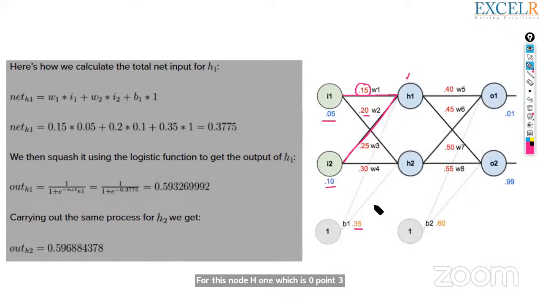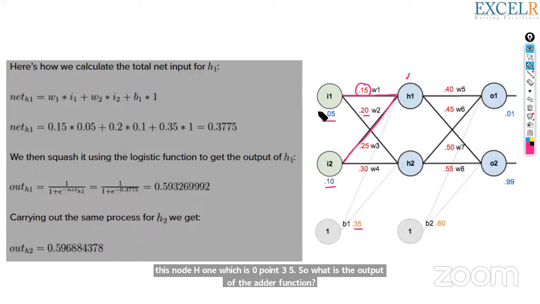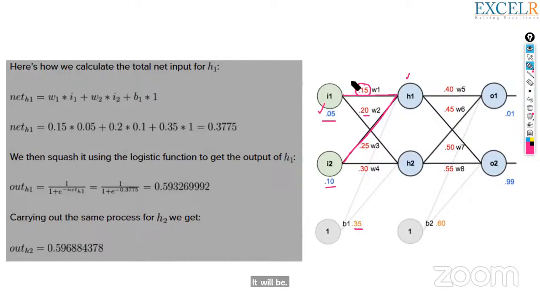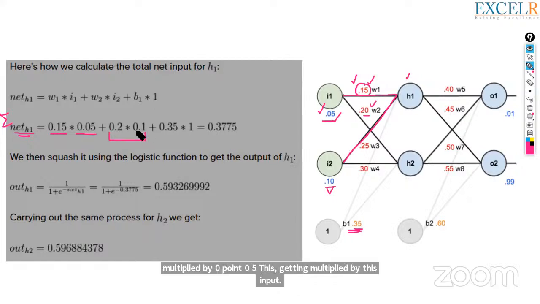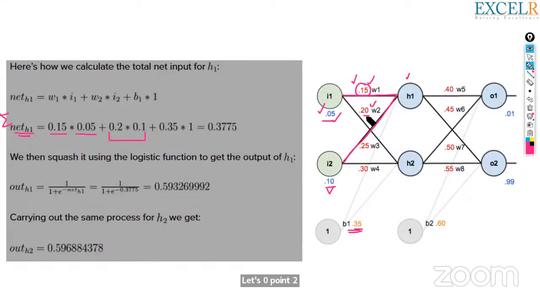So what is the output of the adder function? It will be I1 multiplied by weight W1 plus I2 multiplied by weight W2 plus bias value. So this is what we are getting, net H1, which is the output of the adder function for the H1 node: 0.15 multiplied by 0.05, this weight getting multiplied by this input, plus 0.2 getting multiplied by 0.1, weight W2 getting multiplied with input 2, plus bias value, right?